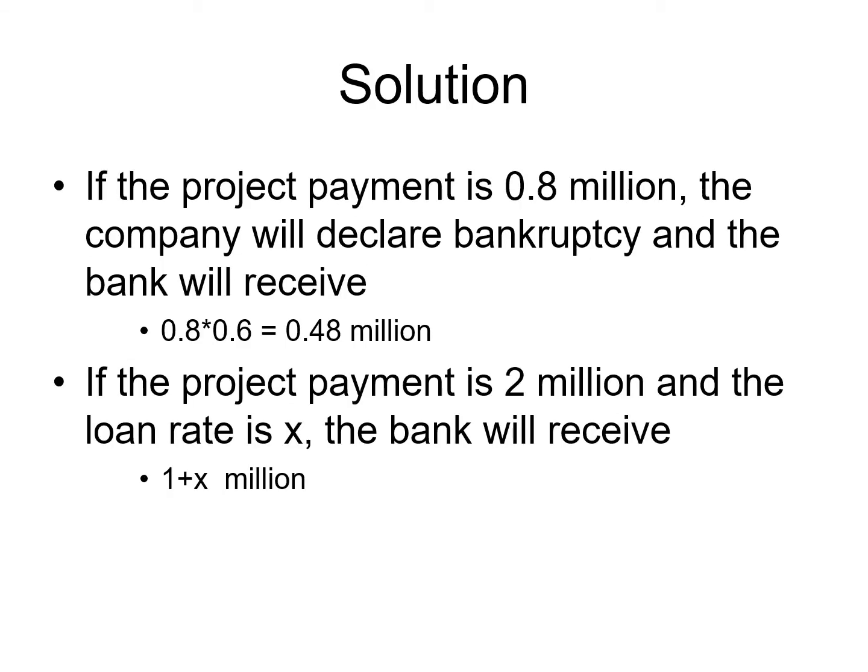Solution: if the project payment is 0.8 million, the company will declare bankruptcy and the bank will receive 0.8 times 60%, equal to 0.48 million. If the project payment is 2 million and the loan rate is X, the bank will receive 1 plus X million.